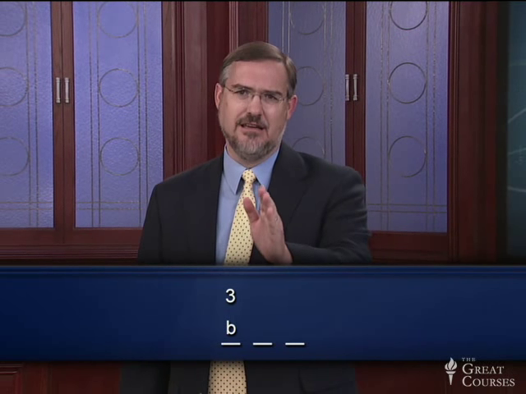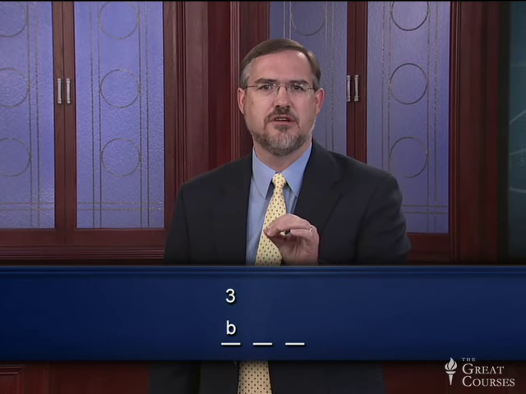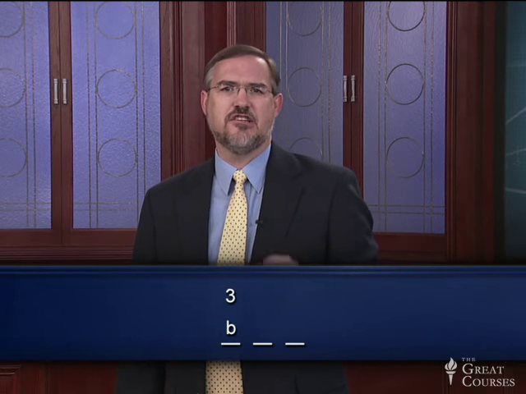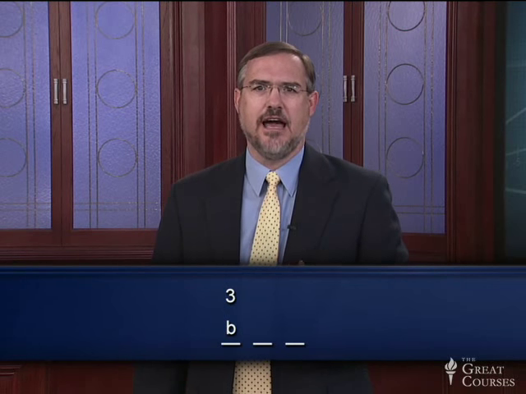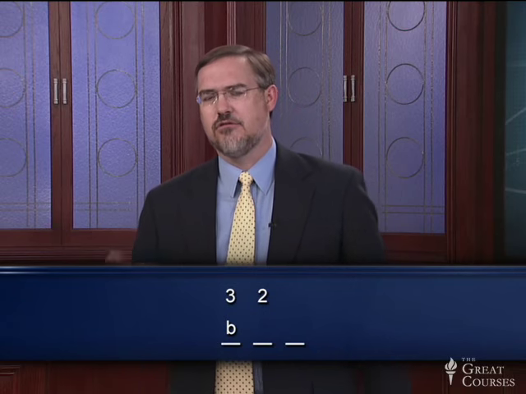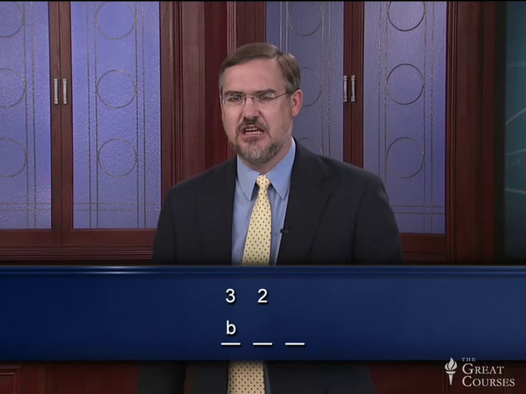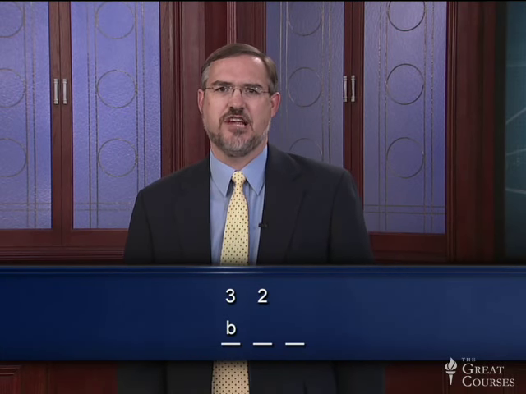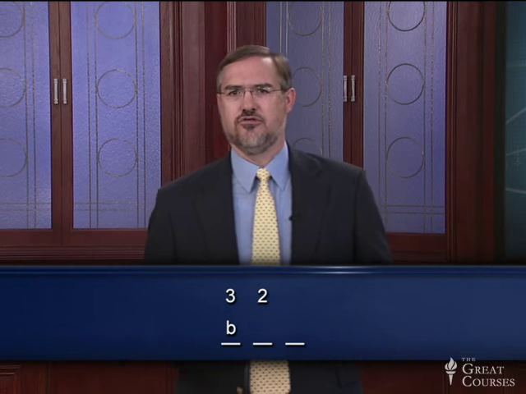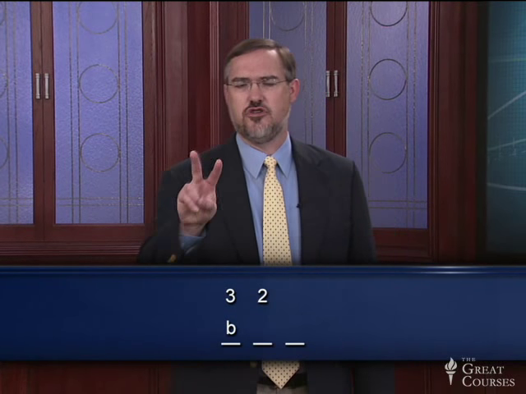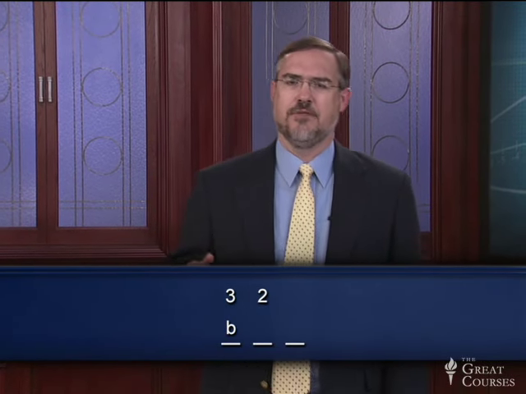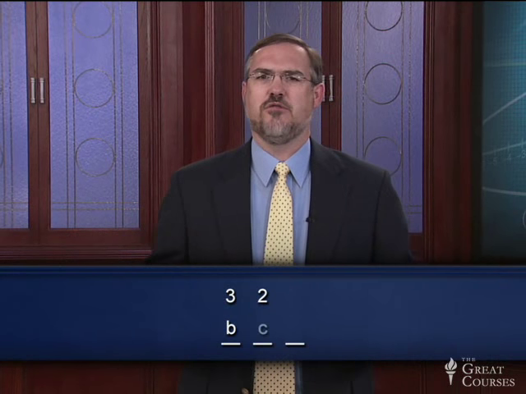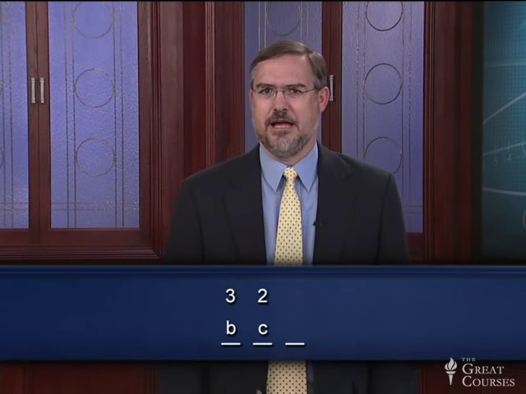The B in this example has already been used. So in fact, to fill in the second blank, I only have 2 choices. I either have to use the A or the C if you're following along with this one example. So the B is no longer used, and so this second blank has 2 choices for what to put into it. And now let's say, for fun, we just put the C into that second blank.